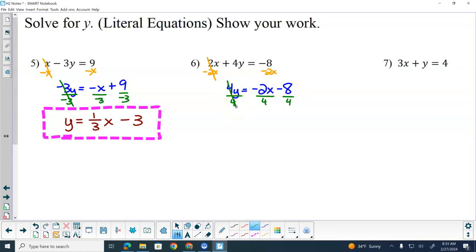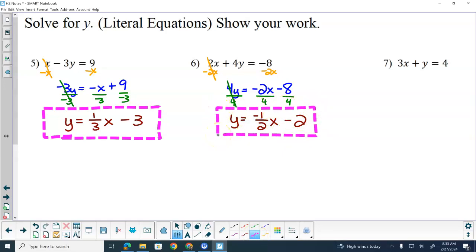Leaves me with y equals -2 divided by -4, which reduces down to -1/2 times x. -8 divided by positive 4 is -2. I told you that we'd be able to do number 7 quite quickly. All we've got to do there is subtract 3x, and we're left with y equals -3x plus 4.